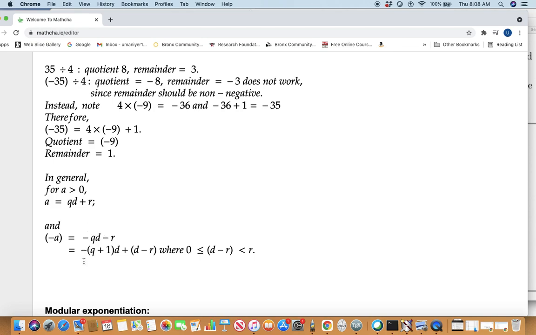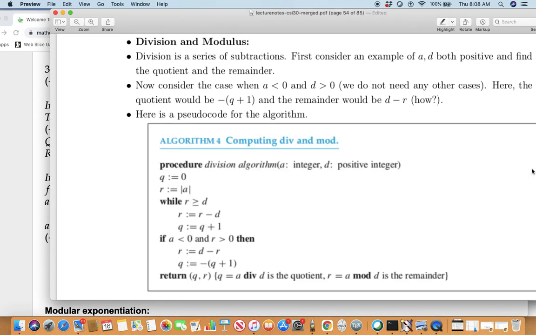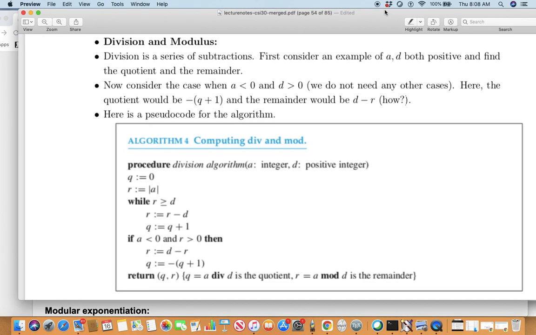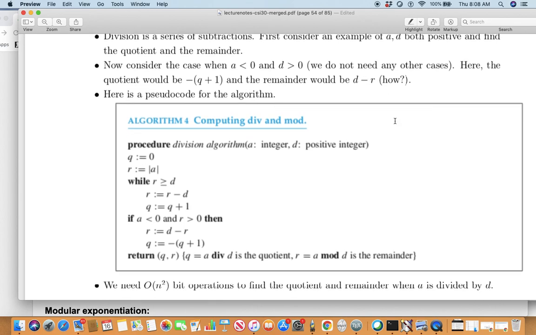That is, I take negative of Q plus 1 times D. That means I have essentially a negative D, so I add D. D minus R now is non-negative. It is still smaller than D. All right. So that's how the division algorithm works. D minus R is the new remainder.